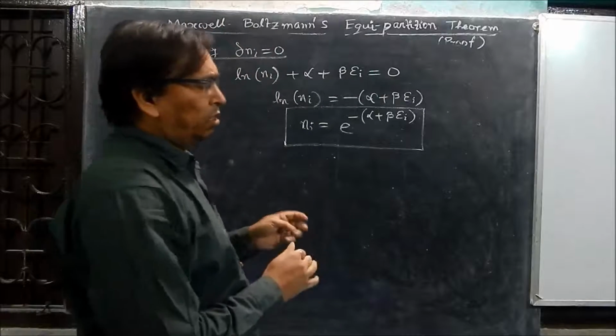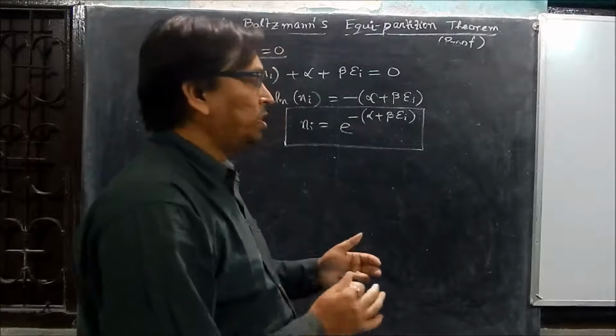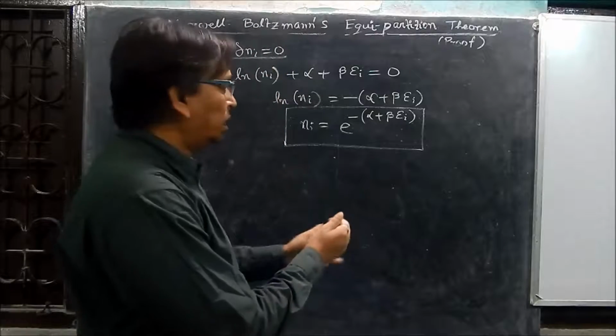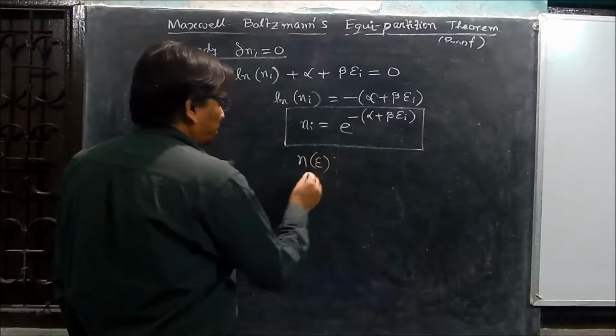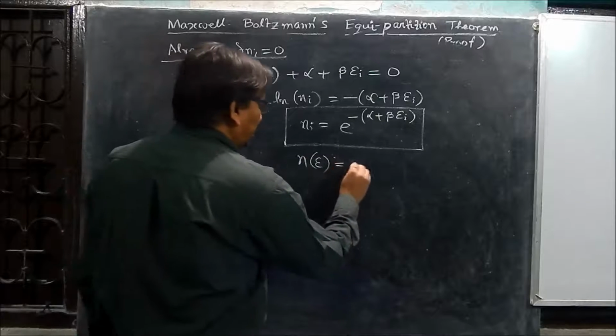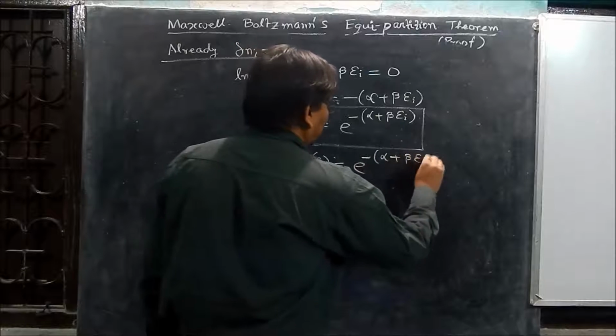But here, Boltzmann approached in a much more classical way, and he also found some solution of this. He said that this is some particles having energy, say epsilon, so this can be written as e to the power minus alpha plus beta epsilon.